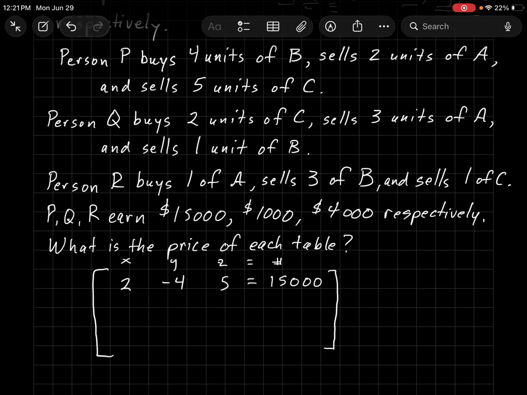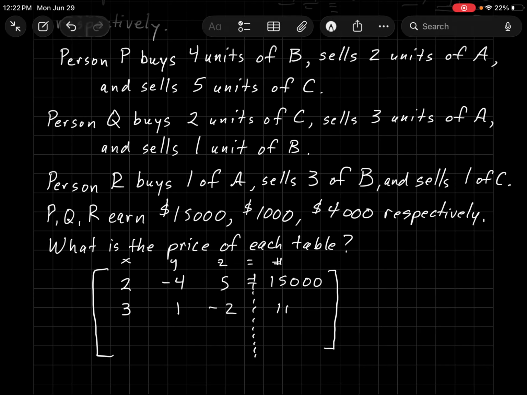The second row corresponding to person Q. So my claim would be I would have 3A, or 3X's, 1B, or 1Y, and I'm buying 2 of the C, so I'm losing money when I do that.